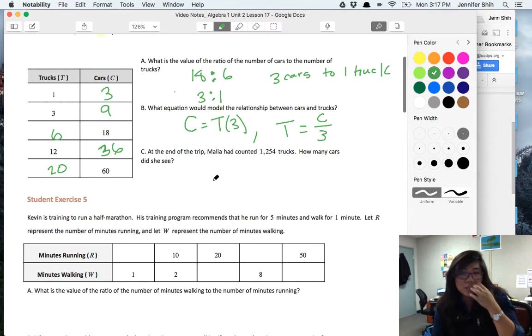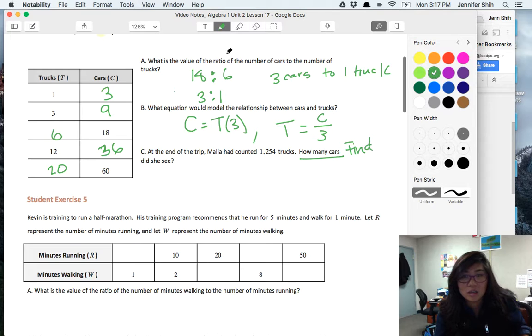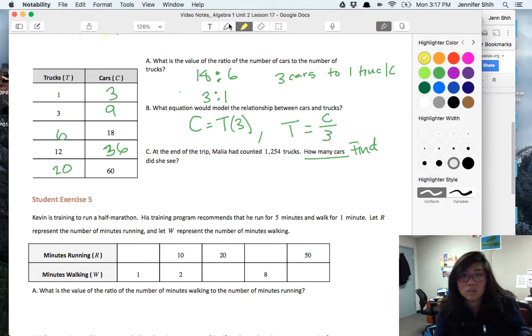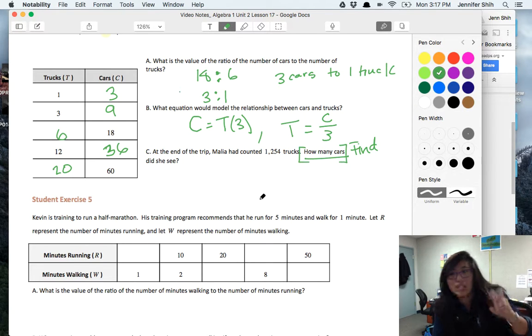At the end of the trip, Malia had counted 1,254 trucks. How many cars did she see? So how many cars, this is our find. I like to put brackets around my find. How many cars did she see? Well, C is equal to the number of trucks, 1,254, times 3.